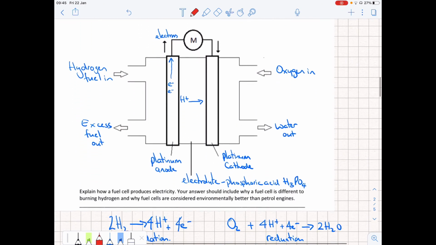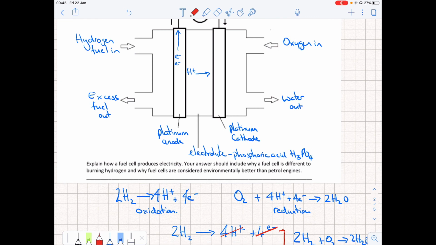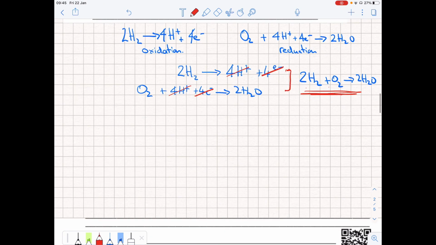Okay. Notice it's not a combustion reaction, so we're not burning the hydrogen with the oxygen. We are undertaking the oxidation and reduction reactions in order to do this. Okay. So in simple terms, we're going to write this down as 3 points because it says underneath, explain how it produces this. So number 1 is that the hydrogen is oxidized, and that causes it to release electrons.